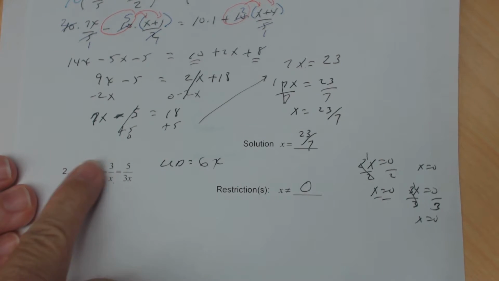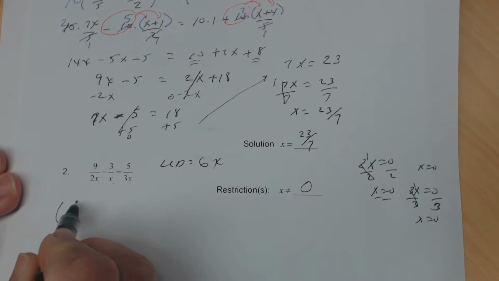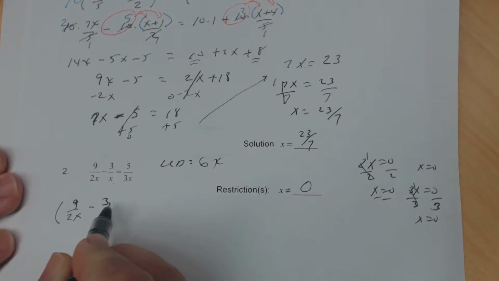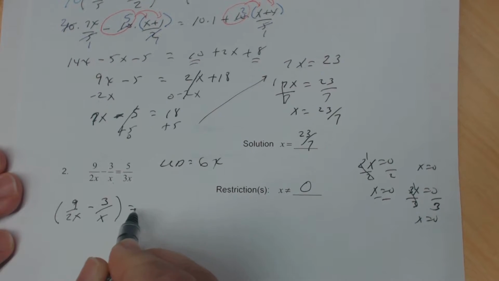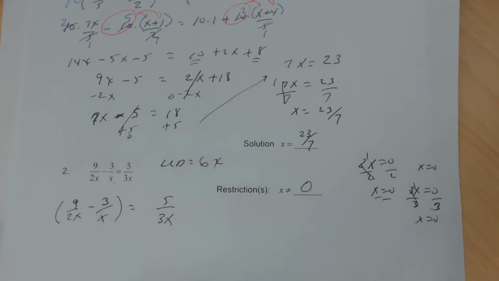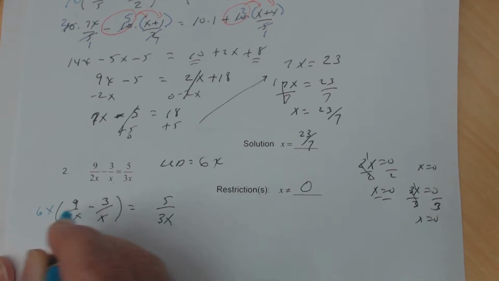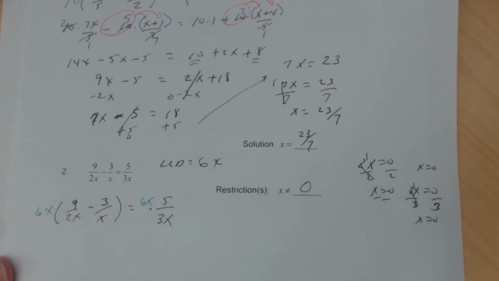When I do that, the left side has two fractions in it, so I'm going to put that in parentheses: 9 divided by 2x minus 3 divided by x equals, and since that's just one fraction, I'm going to leave it alone and not put parentheses. But I am going to have to multiply both sides by 6x. So times 6x, times 6x.